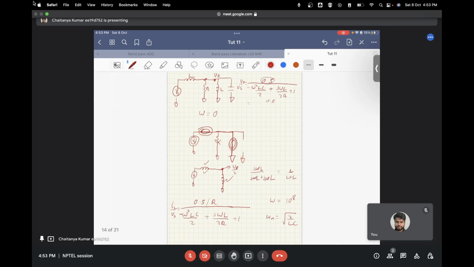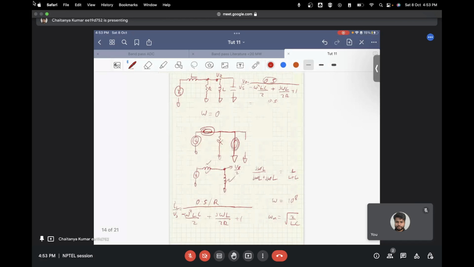If you substitute this, what you get over here is omega n as root of 2 upon 200 into 10 to the power minus 9 into 10 to the power minus 9. So omega n comes out to be 10 to the power 8. So you see that your natural frequency and input frequency are the same. So the circuit will be in resonance.